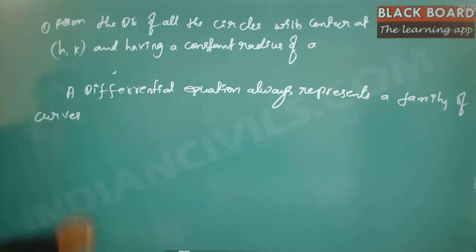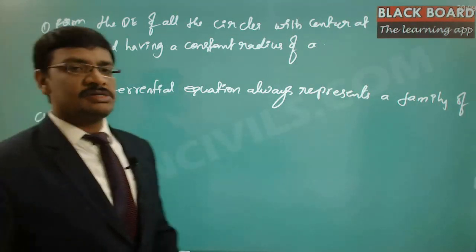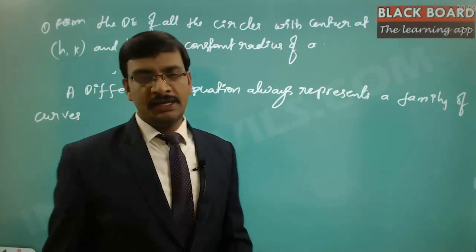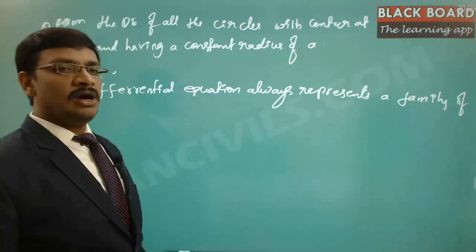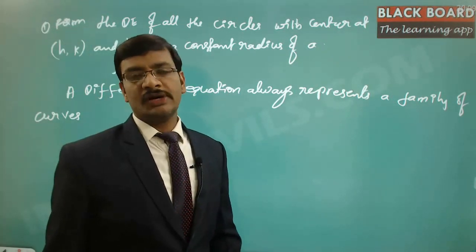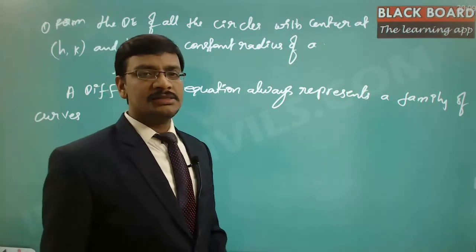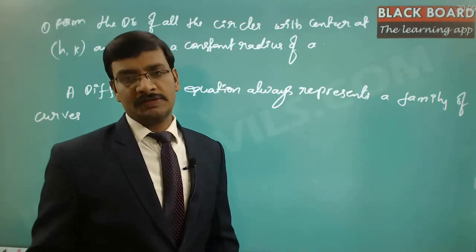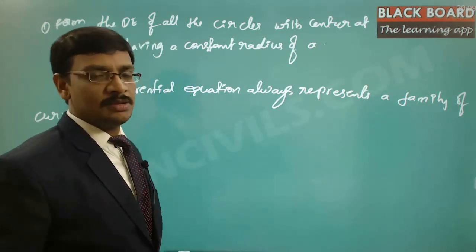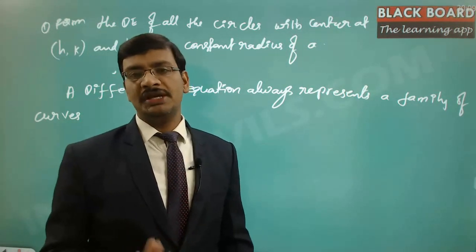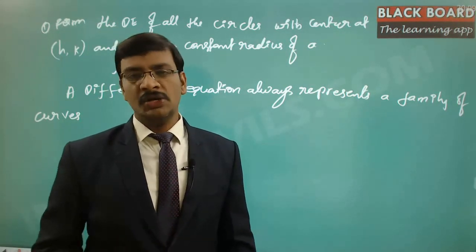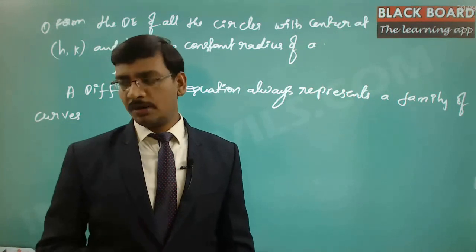The family of curves obviously involves arbitrary constants. Why? Because family means multiple curves. Multiple curves come if you are able to change the values of certain parameters. Those parameters are called the arbitrary constants.